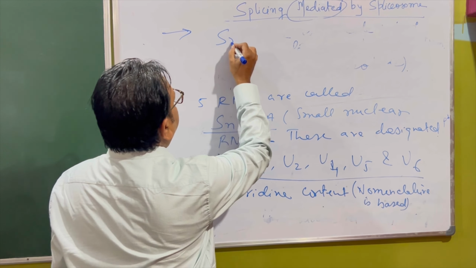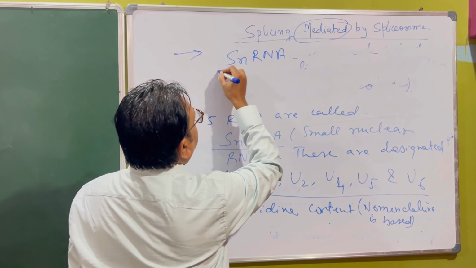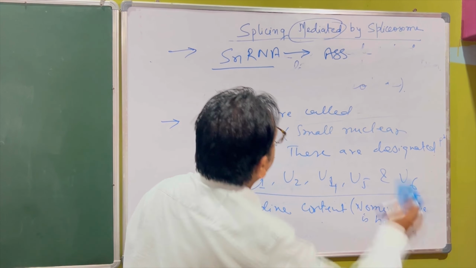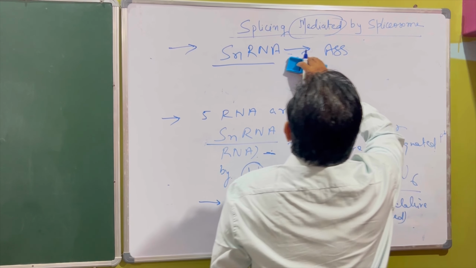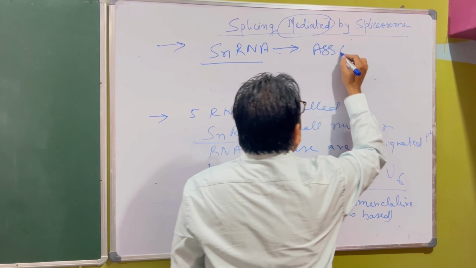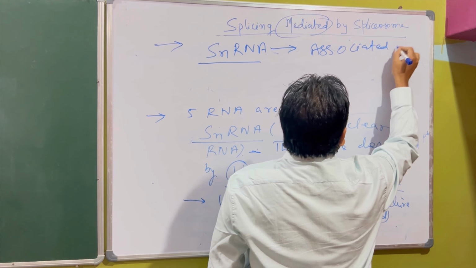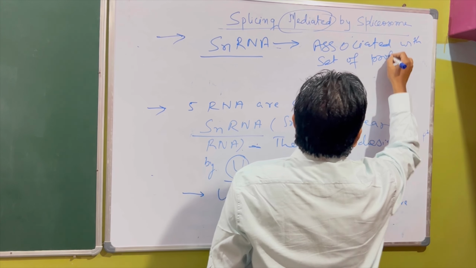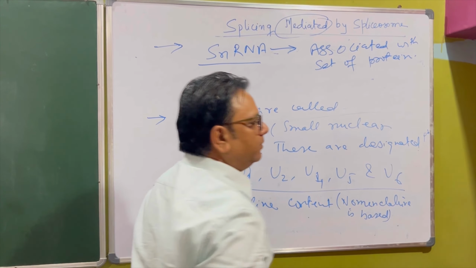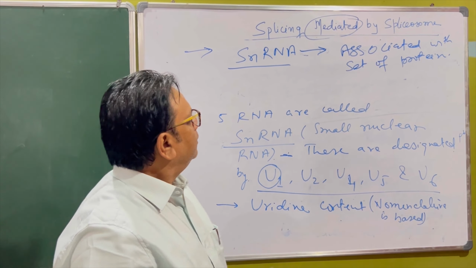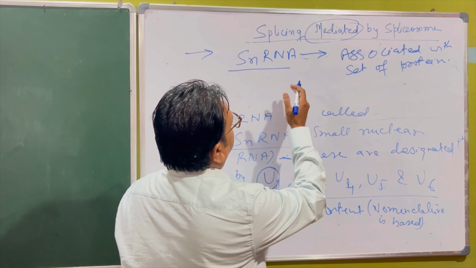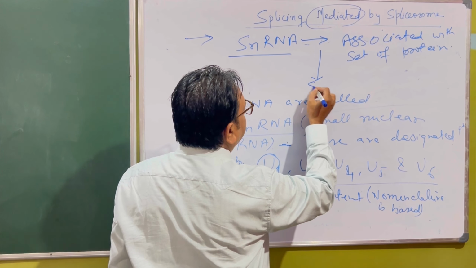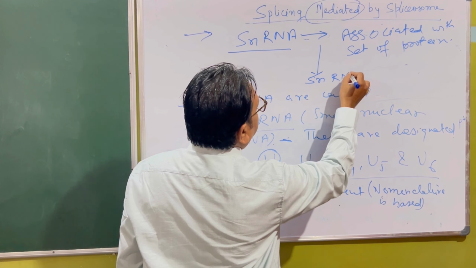Now what happens, this snRNA is associated with a set of proteins, what we have already told, that is out of 45 to 50. So obviously if you have snRNA plus protein, what will be formed? You will be getting snRNPs.